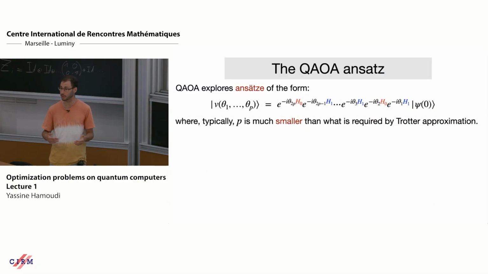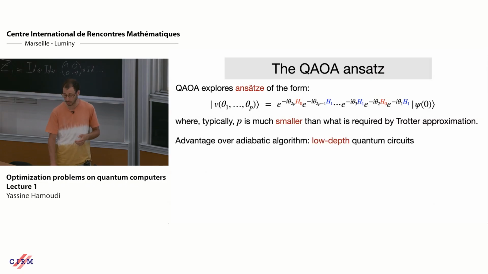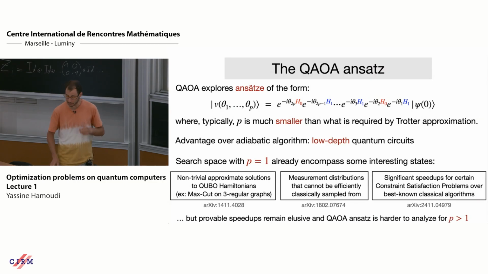of the adiabatic algorithm. So maybe you may think it's nonsense, but actually, the advantage is to have circuits of lower depth, and it has been shown that even with p equal 1, so just one alternation between h1 and h0, there is already some non-trivial phenomenon that occurs in terms of what is the returned state.